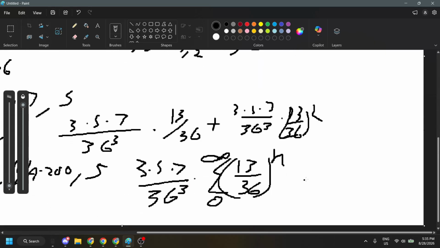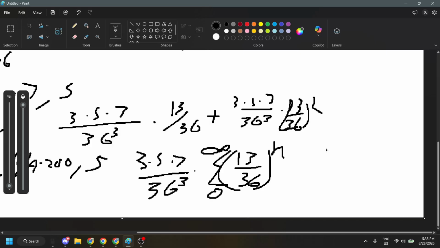So this is going to be 1 over 1 minus 13 over 36, which is going to be 23 over 36, or 36 over 23.